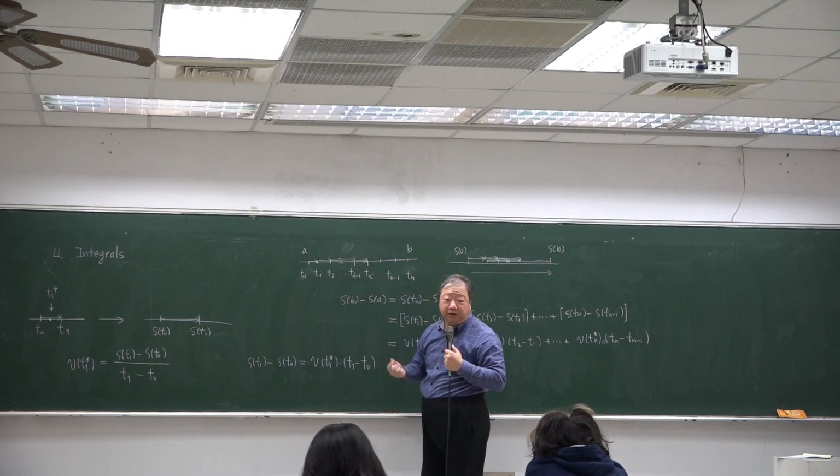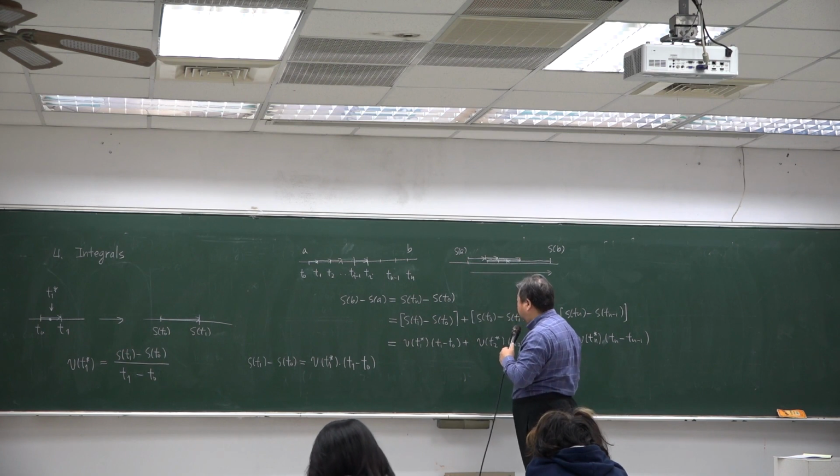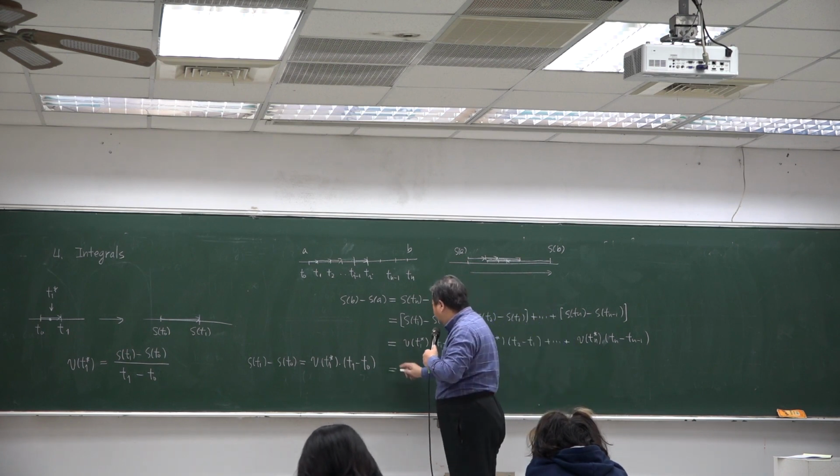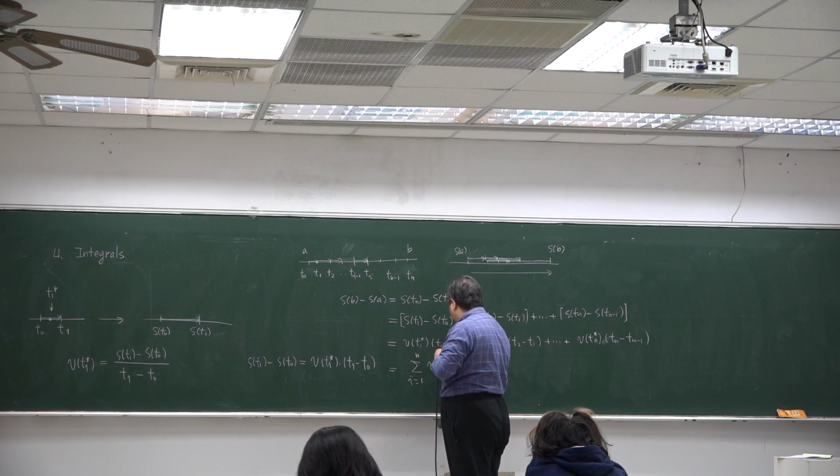So this is the form of summation, i equals 1 to n, V of ti star.